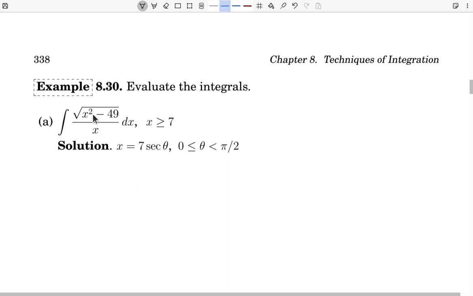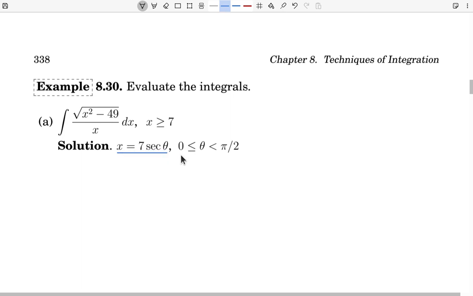Now we focus on the inside of the radical. Here x squared must always be larger than 49, so that means we have to start with x equals 7 sec theta.